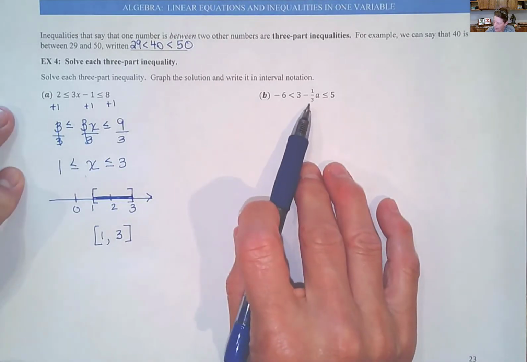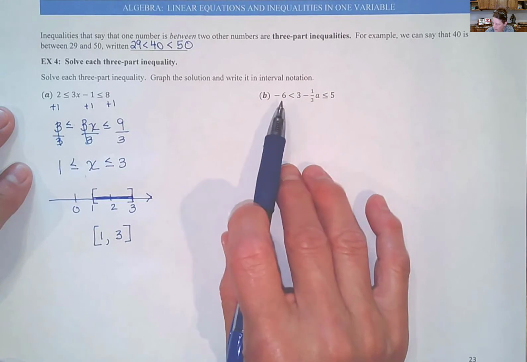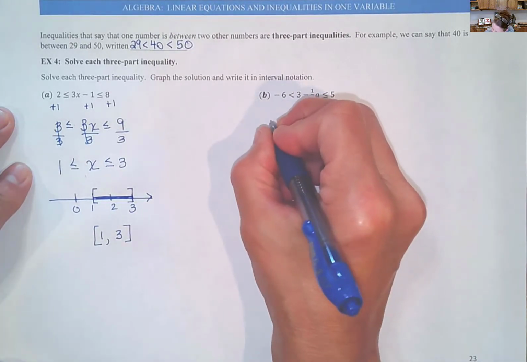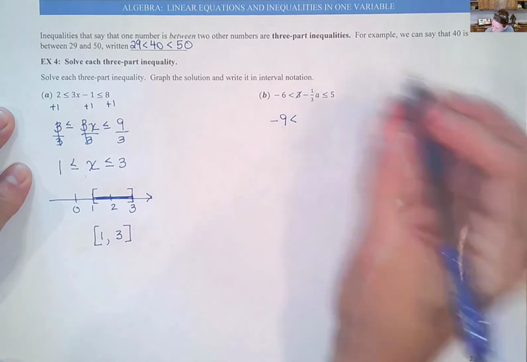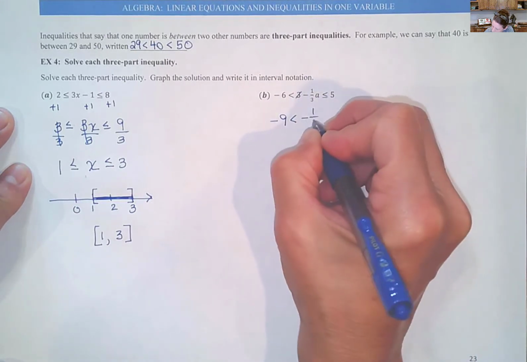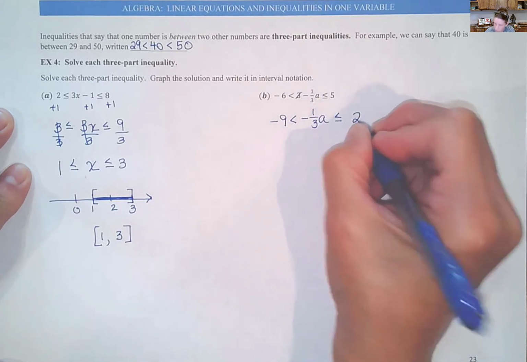Lastly, part B, let's start by subtracting 3 from each piece. Negative 6 minus 3 is negative 9. 3 minus 3 cancels out. And 5 minus 3 is 2.